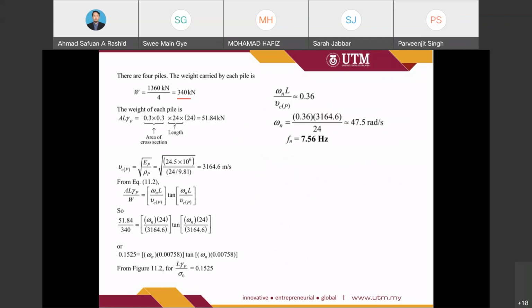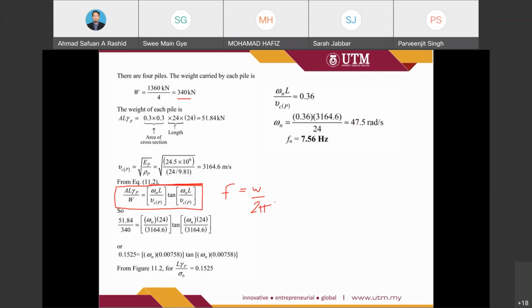Then the next step is to determine the natural frequency; we may use this equation. We want to determine the omega, because at the end, to get the natural frequency we take omega over 2 pi.